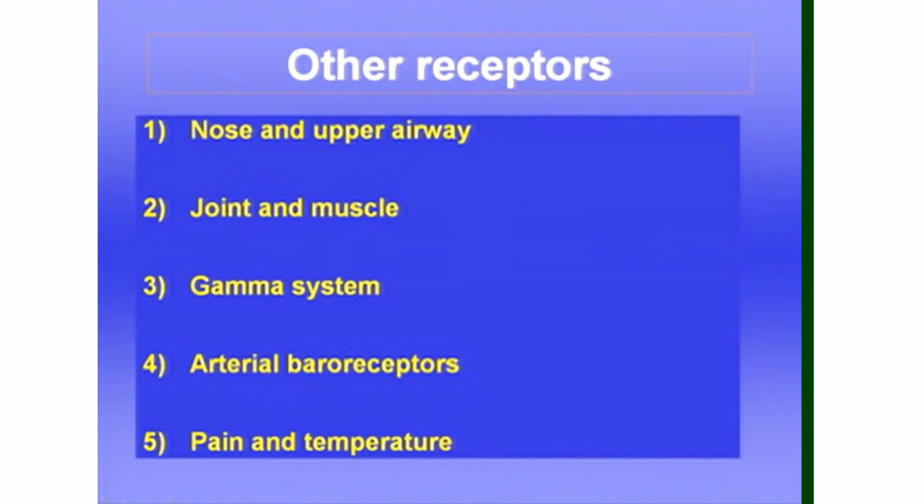chemoreceptors, the peripheral chemoreceptors. And the baroreceptors do play a role to some extent in the control of ventilation. For example, we showed in some experiments done on astronauts in space, and I'll mention those in a later session very briefly, we showed that the ventilatory response to PO2 is reduced in space compared with people standing at sea level.